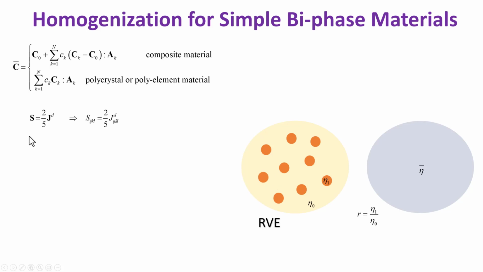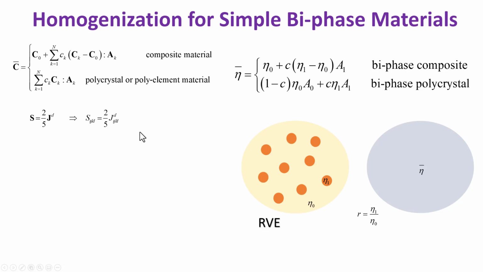In chapter 10 of the lecture notes, it is shown that for spherical inhomogeneities in isotropic incompressible materials, the Eshelby tensors are very simple. The Eshelby tensor is this relationship. JD is the fourth order deviatoric identity tensor. Again, for details, please read the lecture notes.